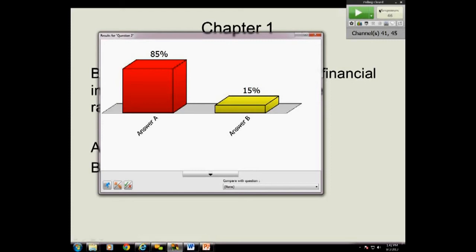Now, internally, how do I use information internally? We just talked about this before. How do internal users, what decisions are they going to make? Yeah, product pricing, capital investment, right? So, it's not only pricing products. How do you know if you're going to invest in a new plant?